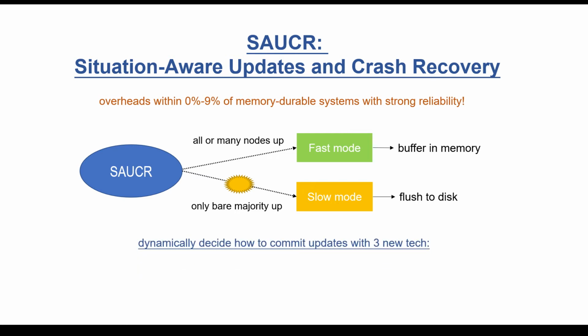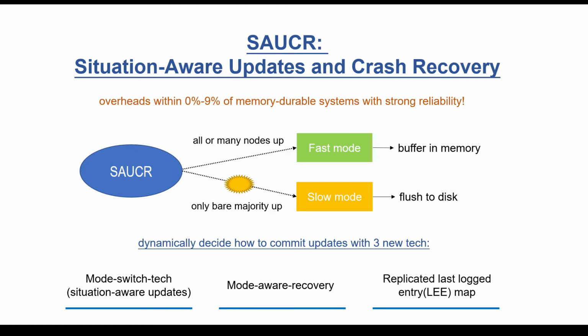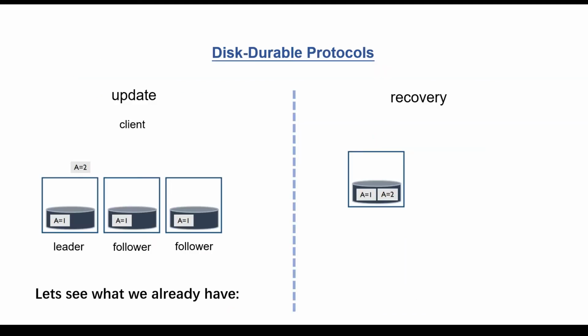In this way, it can dynamically decide how to commit updates using three new techniques. First, situation-aware updates. Another is mode-aware recovery. To achieve these two approaches, they use LE maps.